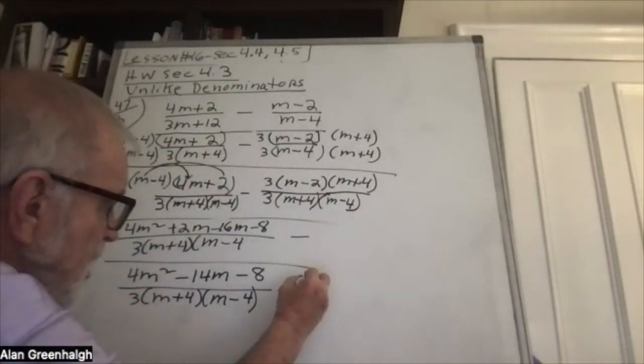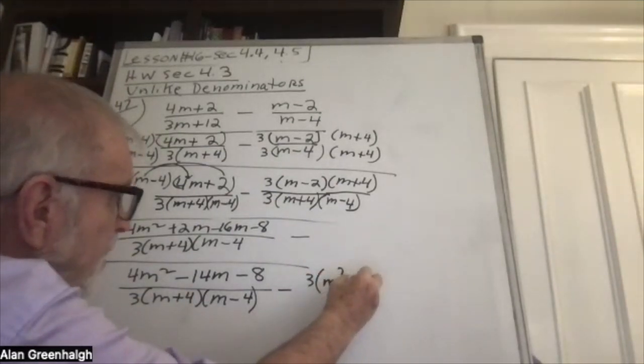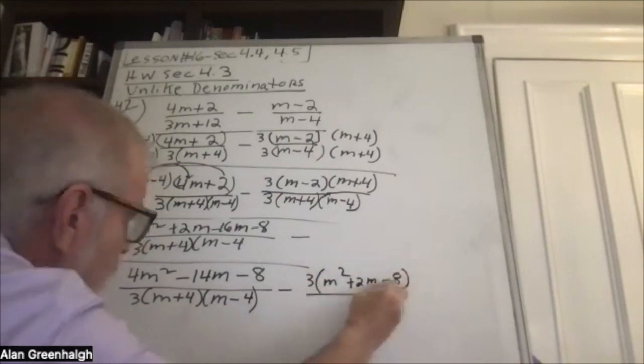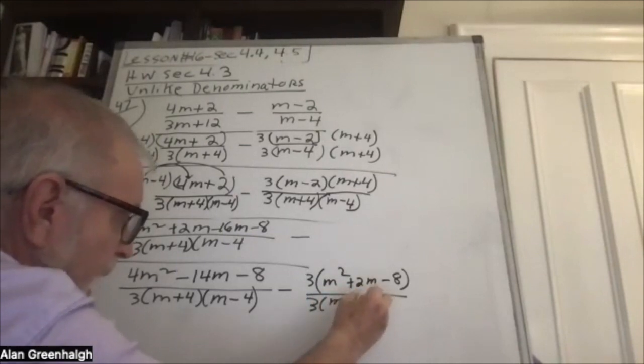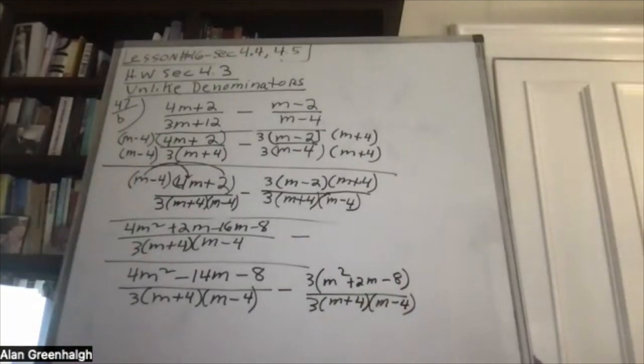So this is 3 times m squared plus 2m minus 8 over 3 times m plus 4 times m minus 4. So what I just did was multiply these two binomials to get this. And I think that works out pretty well.